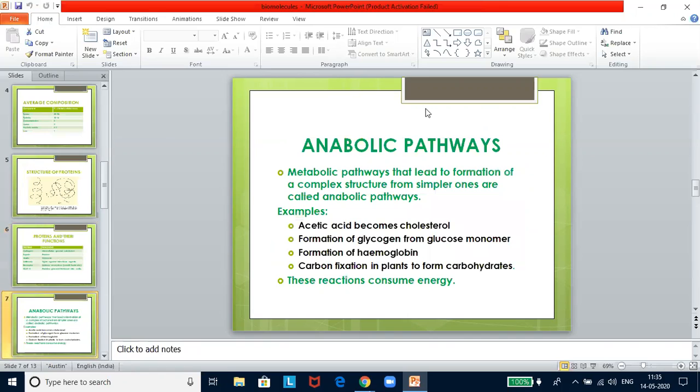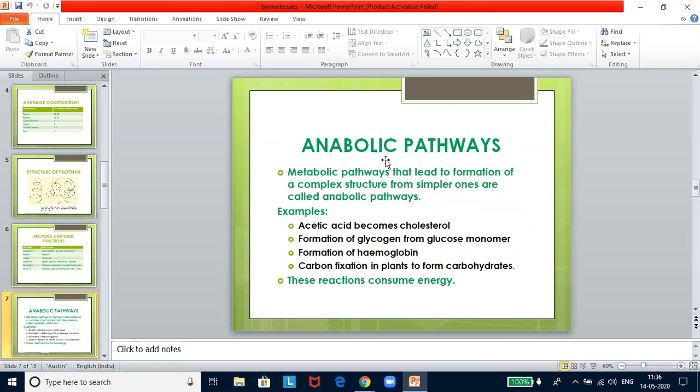Now let us look at the pathways. The pathways are anabolic pathways and catabolic pathways. Anabolic pathway means a building up process. So it is a metabolic pathway that leads to the formation of a complex structure from simpler ones.